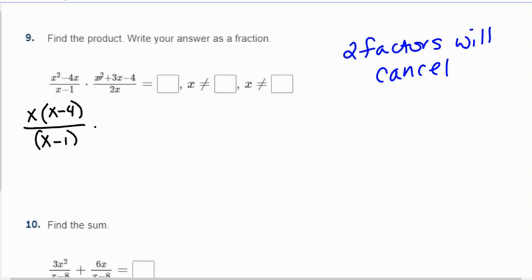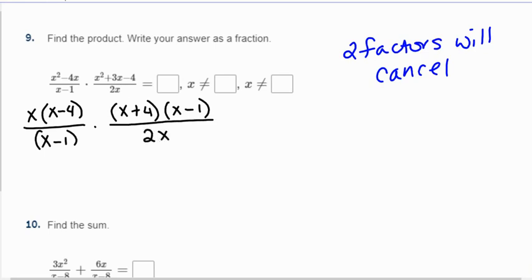Okay, in this numerator up here, I've got x squared plus 3x minus 4. Again, I'm looking for numbers that multiply to -4 and add to positive 3. So that's going to be x plus 4 times x minus 1. Okay, and then in the denominator, I have 2 times x.